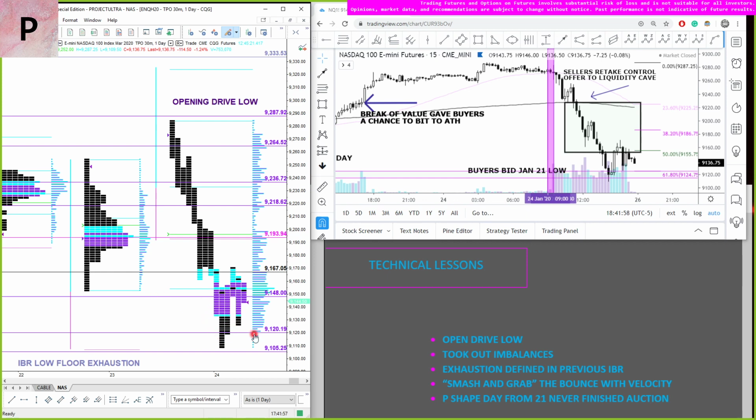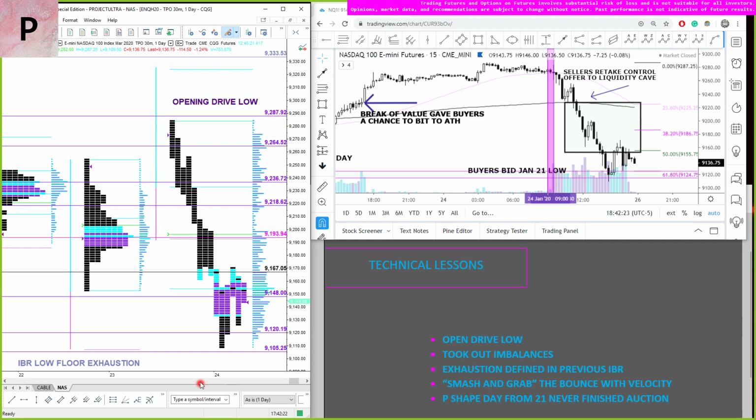So sellers are, people who got long up here are basically now trying to get short down here. And I think we've all been there when we first started, where you're unable to find the direction and there's a lot of panic going on. And you think, all right, I got to make my profits. I'm going to short this thing even lower. And then buyers say, nope, we're going to pick this thing up on this single print and drive it back to this unfinished auction here. And this is where you qualify the smash and grab.